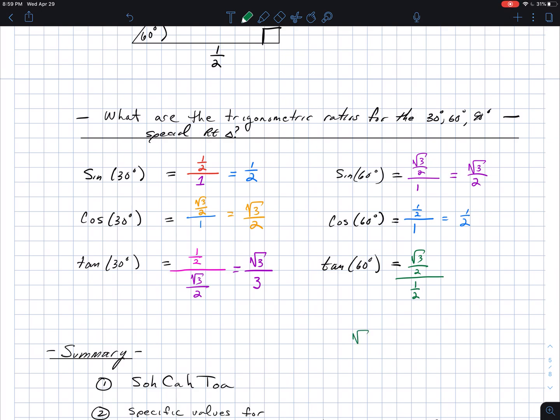The square root of 3, just so you can see it all out, divided by 2, divided by 1/2 is equal to the square root of 3 over 2 times 2, which is then going to do what? Well, the 2's will cancel out, so this looks like the square root of 3. So this all breaks down to the square root of 3. These are what we call exact solutions.